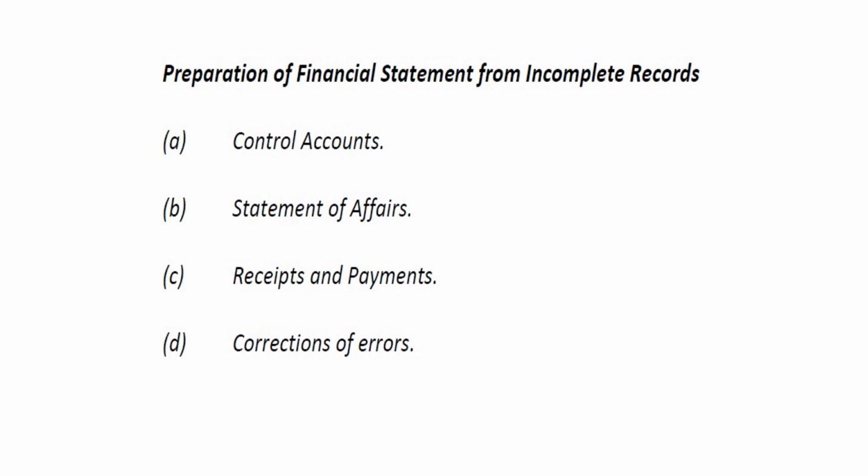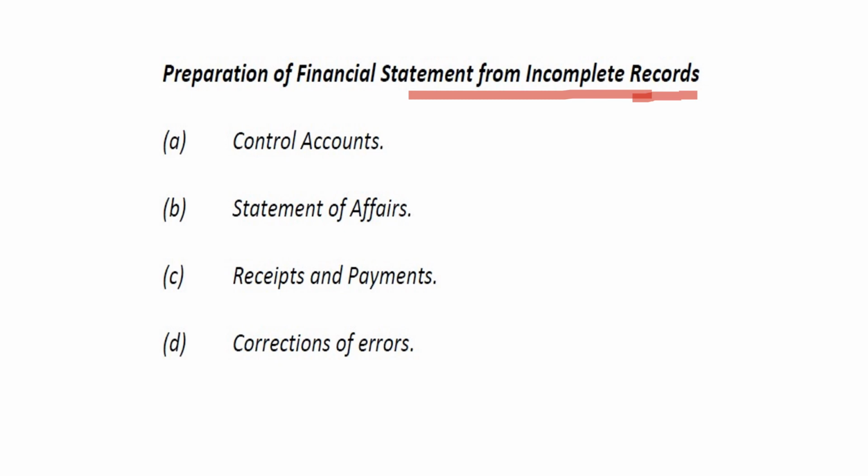The preparation of financial statements from incomplete records. Now this is a topic you would not have done at CSEC level because they have removed it from that syllabus and brought it in here. But still, you should have done it at 6.1.